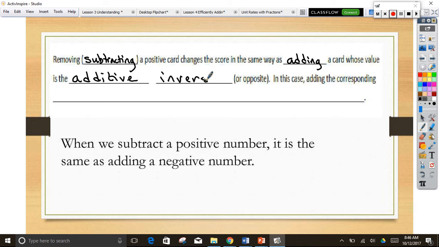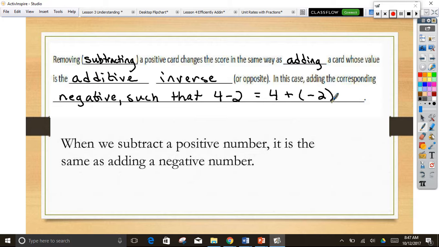And if you remember from our first lesson, the additive inverse is the opposite. So in this case, we added the corresponding negative such that 4 minus 2 is the same as 4 plus negative 2.